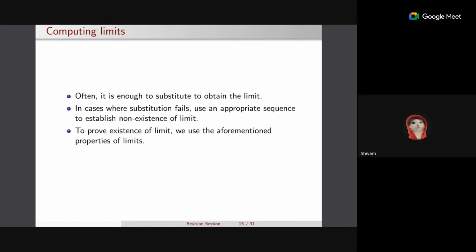Looking at the partial derivative existence for any function, can we comment on its continuity at that point? No. Take, for example, the function that we had discussed itself. The partial derivatives do exist, but the function is not continuous. The partial derivatives exist, but any other directional derivative does not exist, and this is not a continuous function.